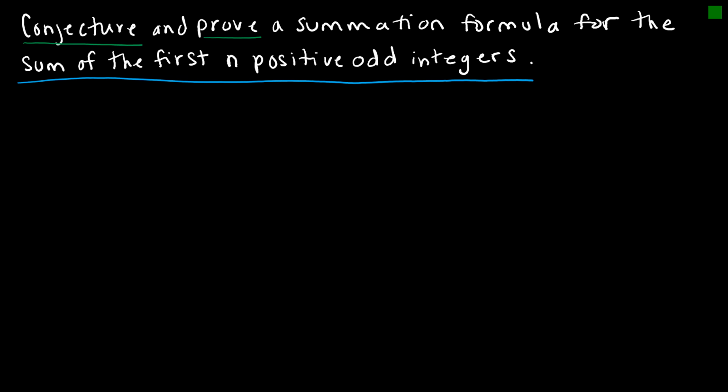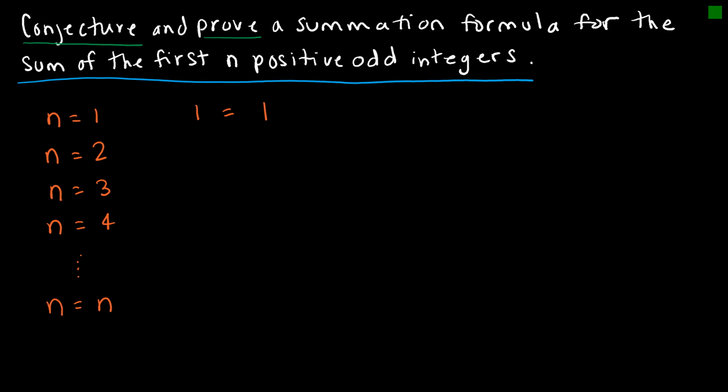So best idea here is to just start plugging and chugging and seeing if we can see a pattern. So we're going to look at it for n equals 1, for n equals 2, for n equals 3, n equals 4, and can we then justify that for n equals n? So for 1, obviously that just means the sum of 1, which is 1.